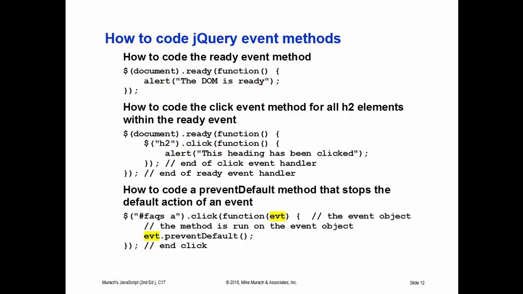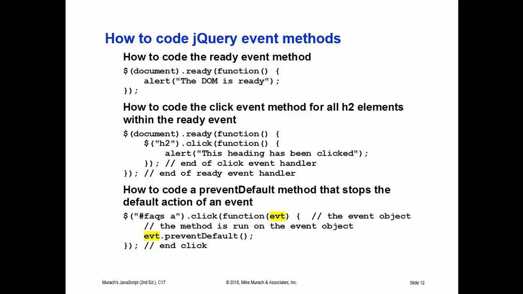Then you code the jQuery selectors by using the CSS syntax in quotation marks and parentheses. To call the jQuery method, you code the selector, the dot operator, and the method name, along with any parameters within parentheses. Then that particular method will be applied to the element or elements selected by the selector.